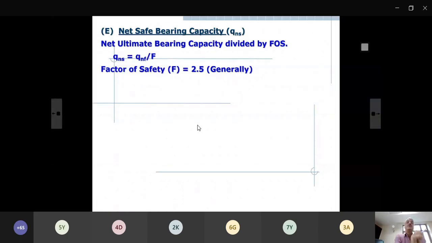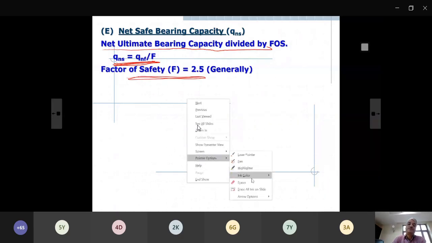And there is another term called net safe bearing capacity. Now, in any structure, we always apply a factor of safety to have extra margin against failure. So the net ultimate bearing capacity, Qnf, divided by factor of safety is called net safe bearing capacity, and normally for soils you take factor of safety equal to 2.5.